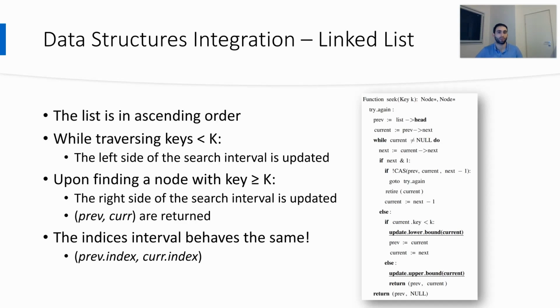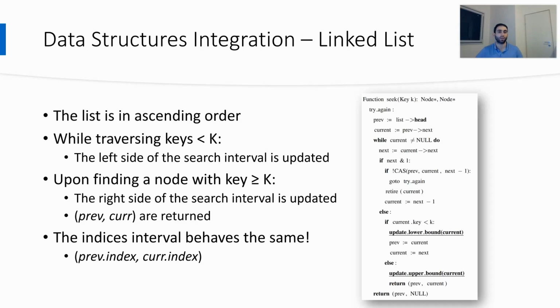Since the list is in ascending order, each visited node actually updates the lower bound of the search interval, which means that the lower bound of the indices interval should be updated as well, except for the last visited node, whose key is larger or equal to the target key.